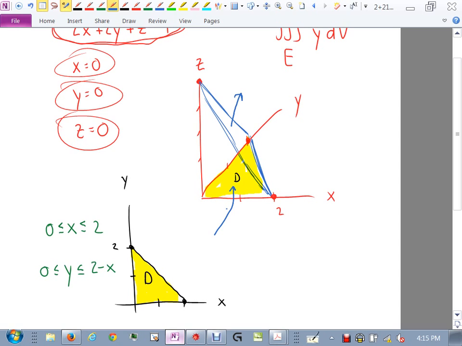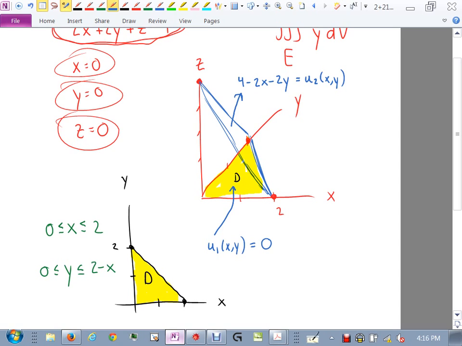What's the plane solved for z? 4 minus 2x minus 2y. We can call that u2(x,y). And then u1(x,y) is what? z equals 0, the floor.